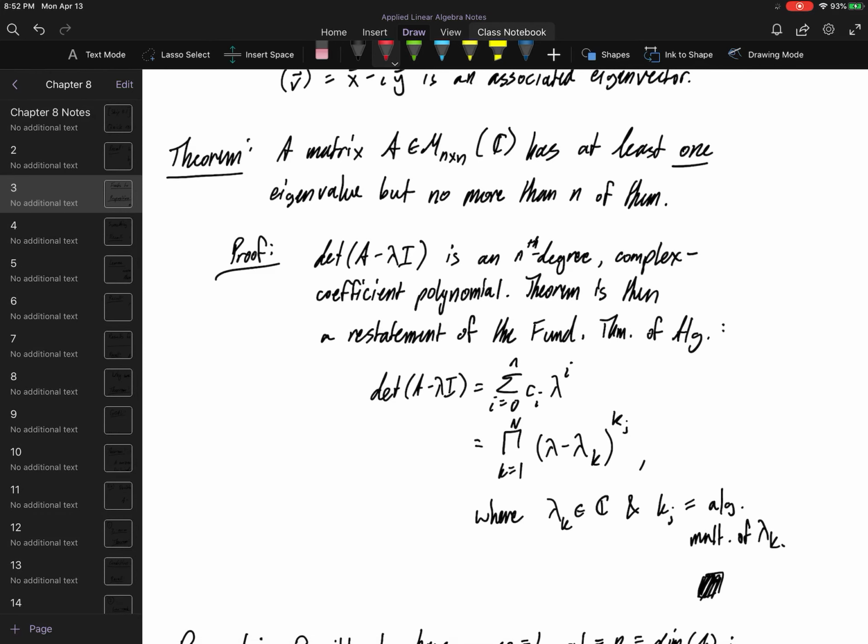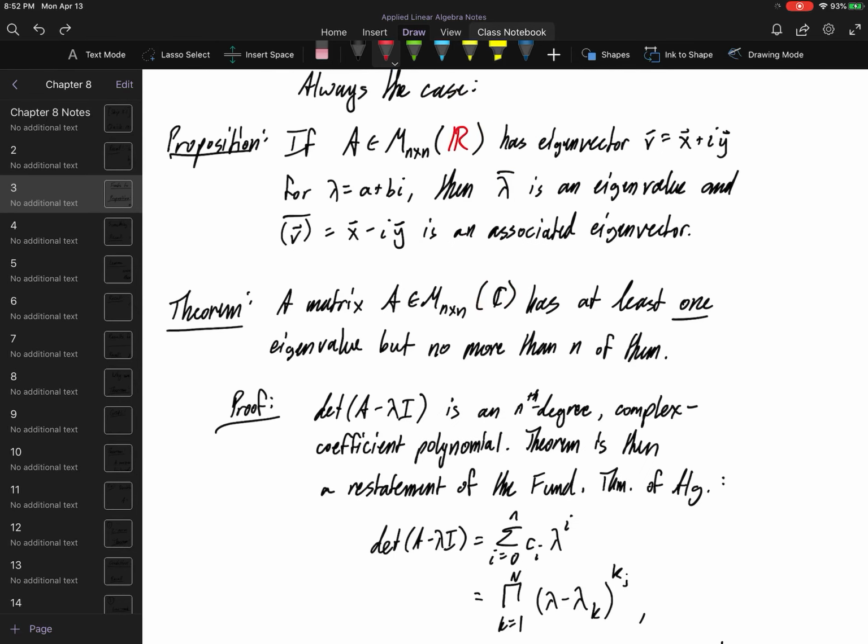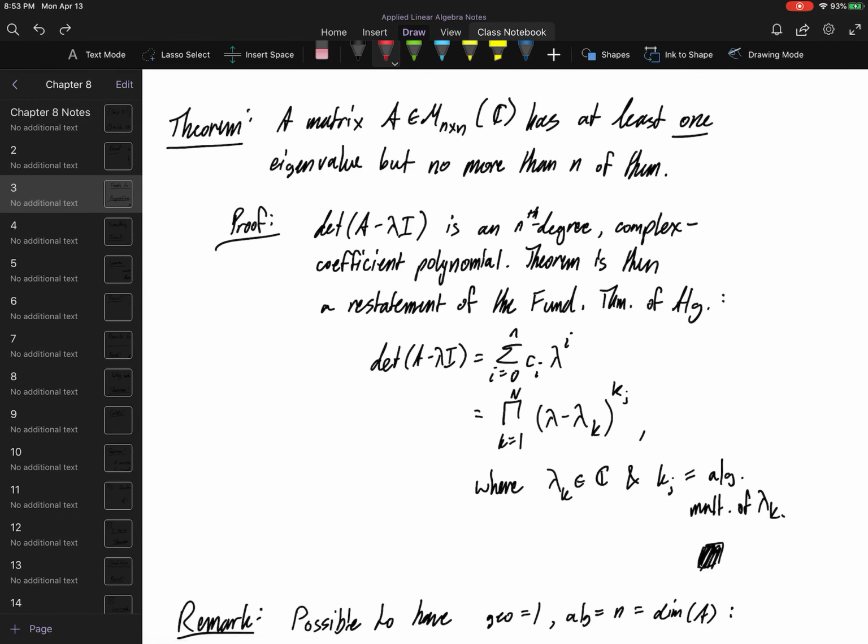Next, we need to remind ourselves that for a square matrix with complex eigenvalues, so we're changing up the entries that can go in the matrix. If we have a square complex matrix, then there is at least one eigenvalue, but no more than n of them.